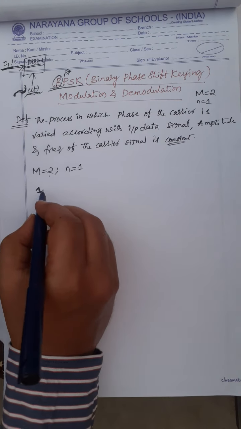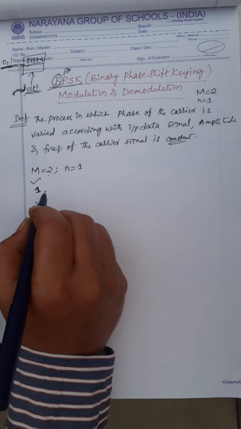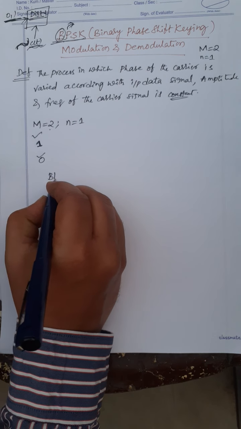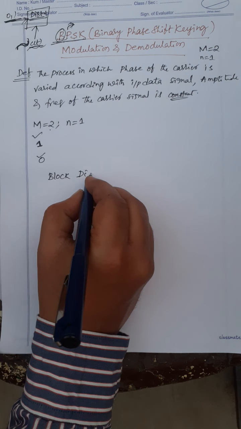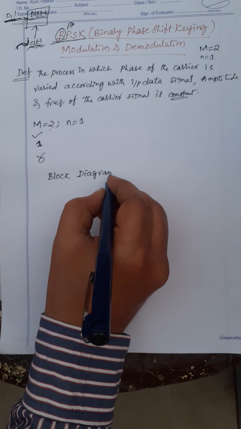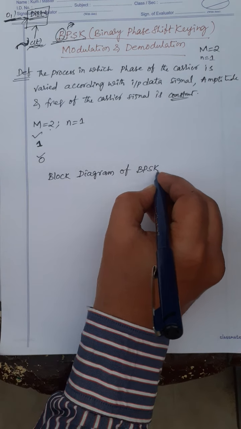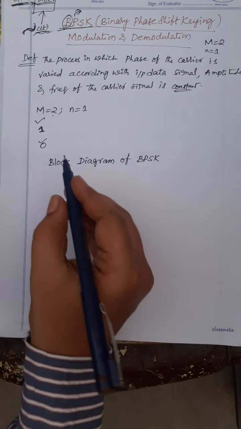That's why, with only 2 levels, it is called binary phase shift keying. The block diagram of BPSK is next.